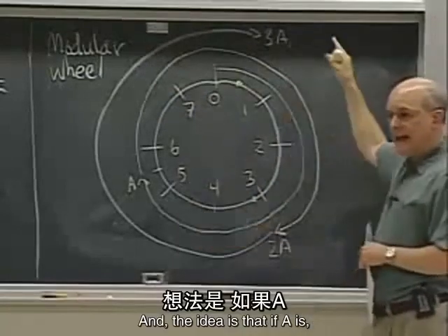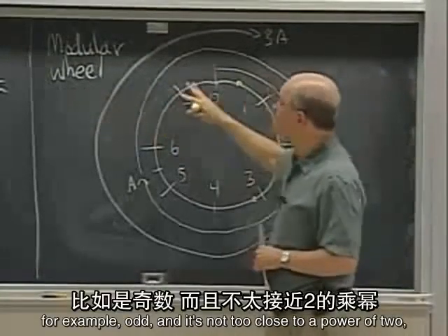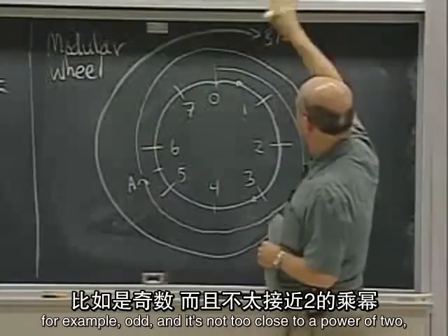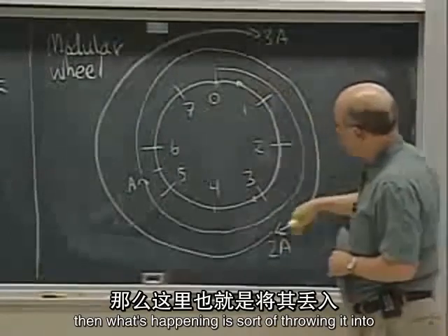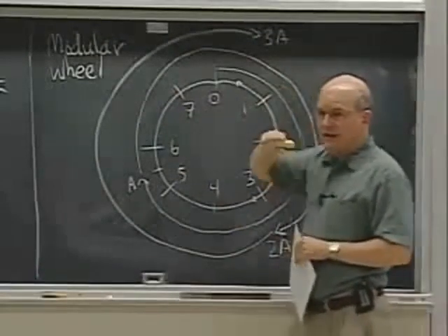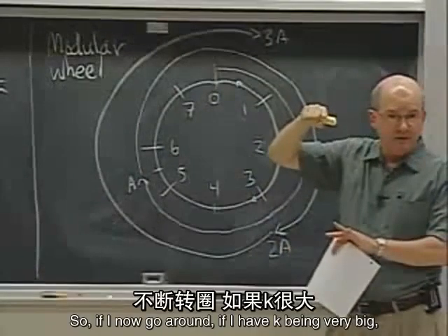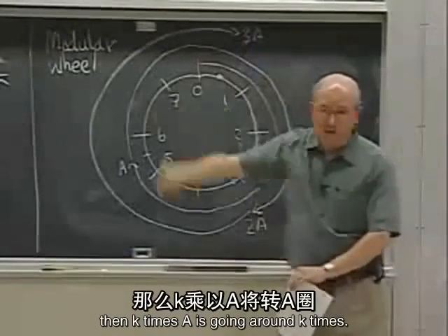And the idea is that if A is, for example, odd and not too close to a power of 2, then it's sort of throwing it into another slot. So if K is very big, then K times A is going around K times. Where does it end up?